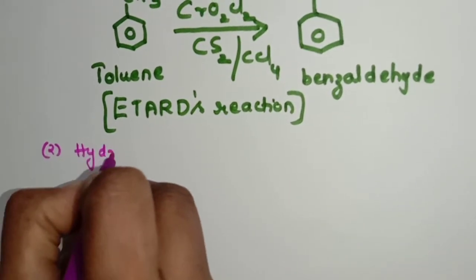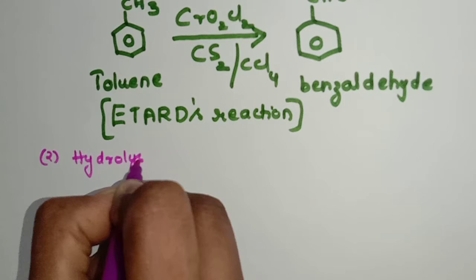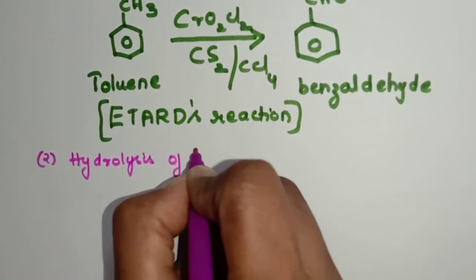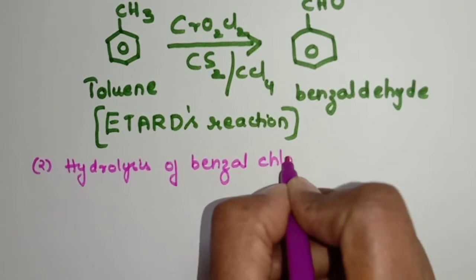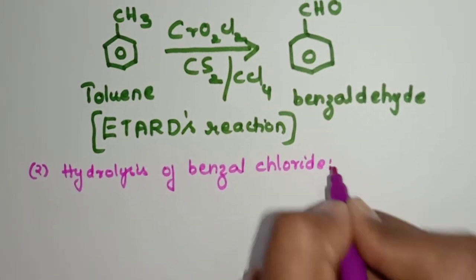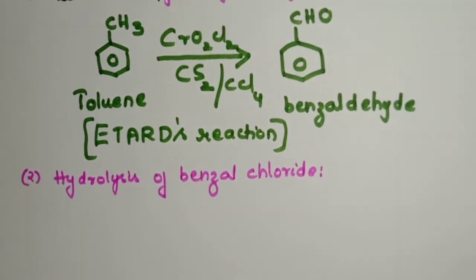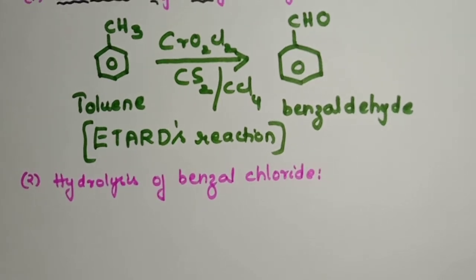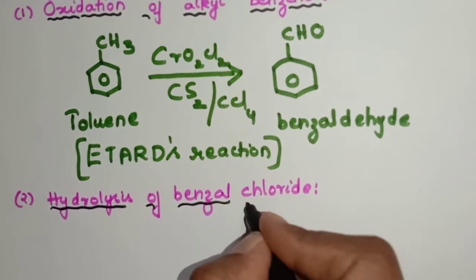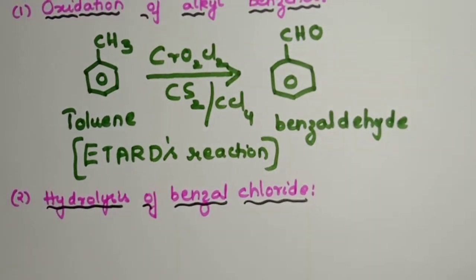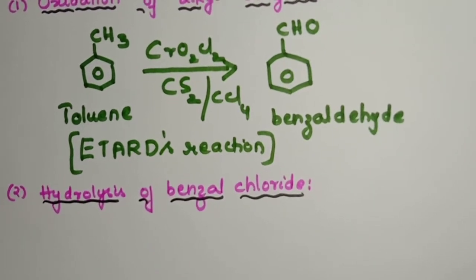The second one is hydrolysis of benzyl chloride. Note down the spellings carefully. How do we get benzyl chloride? First, let us see that.